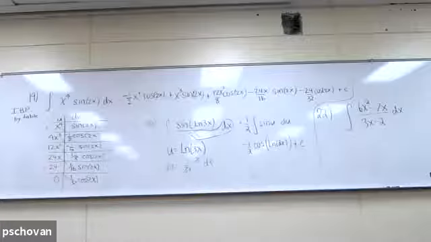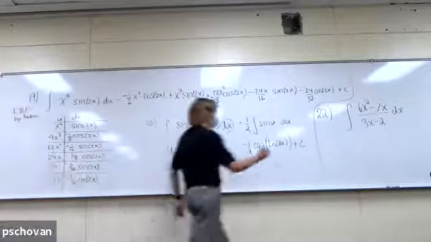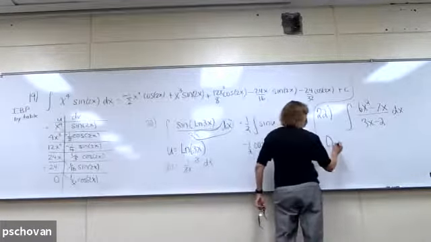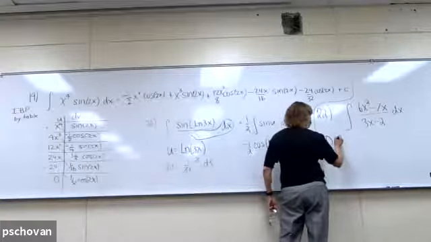Long division. When you see a numerator of higher or equal degree than the denominator, division typically works. So divide the 6x squared minus 7x by the 3x minus 2. Divide first. Anything you do partial fractions-wise will be bogus.